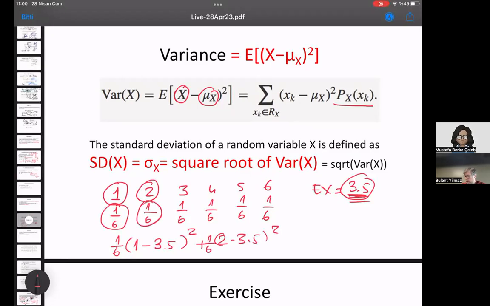If I add all these up, 3 minus 3.5 squared and so on, this is how I find the variance of a random variable.